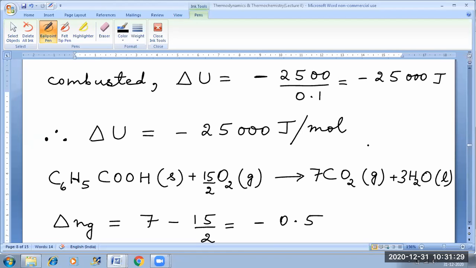Remember that if any compound contains carbon and hydrogen, then the products of combustion are always carbon dioxide and water. So the products in this reaction are CO2 gas and H2O liquid. Always take water as a liquid in combustion reaction, unless they mention something else.